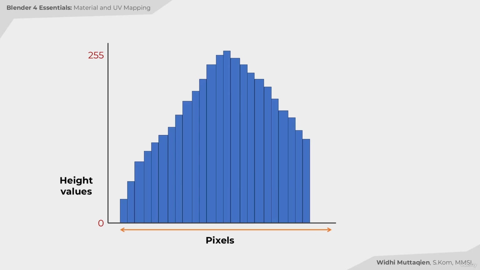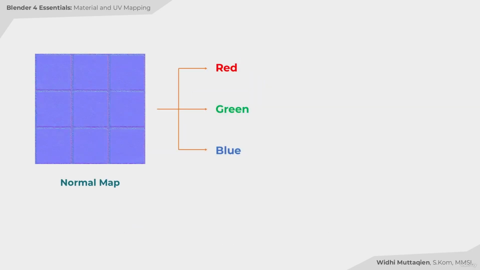However, using high-resolution images for every bump effect is not a good idea, as they can consume a lot of VRAM quite quickly. In general, this is not always the best approach. To solve this issue, instead of just using 1 channel, we can add 2 more channels to define the detail of the surface. This is the basic idea of a normal map.